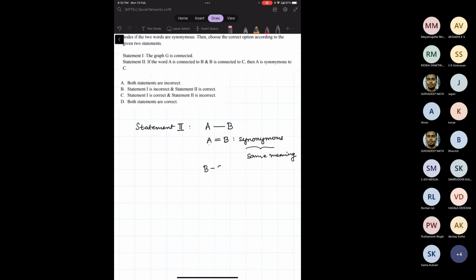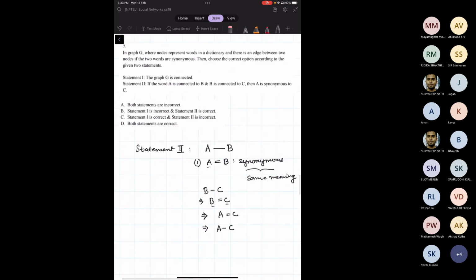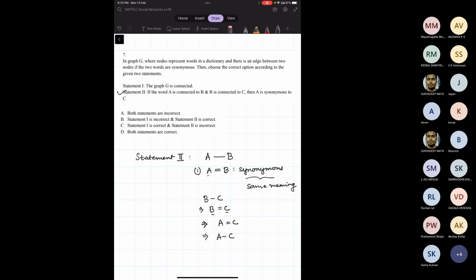Again, if B and C are connected, it means that B and C have the same meaning. Since the meaning of C is the same as the meaning of B, and from the first result the meaning of A is the same as the meaning of B, we can say that the meaning of A and the meaning of C are also the same. So this implies there exists an edge between A and C. So statement 2 is correct.